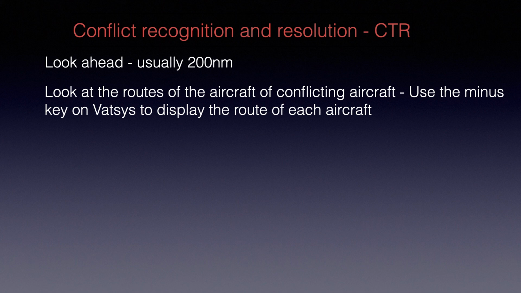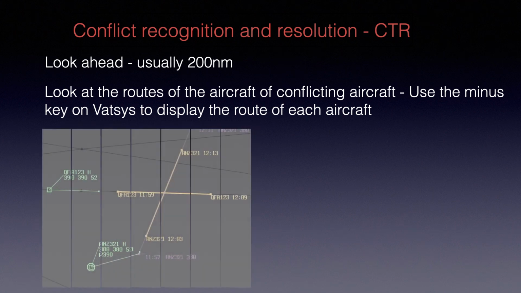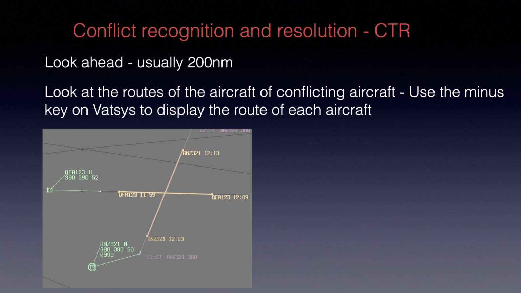Now, VATSIM, best thing since sliced bread. VATSIM has an even better, fantastic tool, and it's this little beauty. You can see down the bottom, Air New Zealand 321H, which means it's a heavy aircraft, and he's at flight level 380. If you look at the data tag, he's going 530 knots ground speed, and he's put in a request to go to flight level 390, R390.